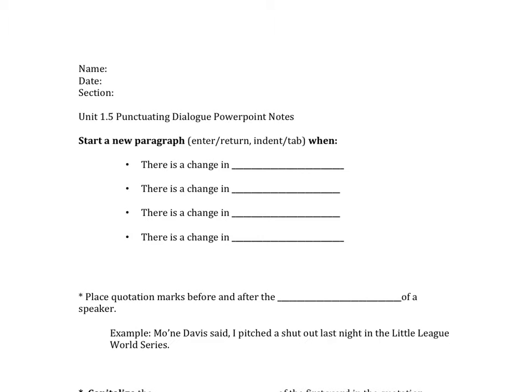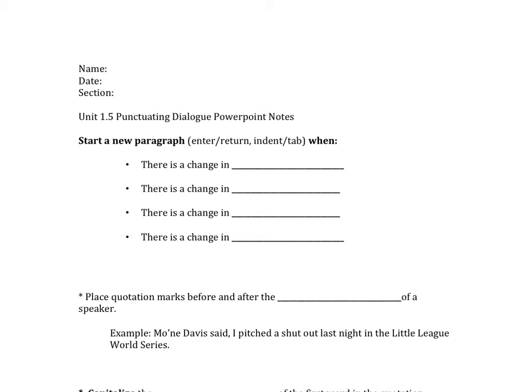So when you're writing your narrative, when do you start a new paragraph? That's going to be something to think about. Starting a new paragraph simply means hitting return once and then indenting and tabbing to start the new paragraph. So here's when you do that.